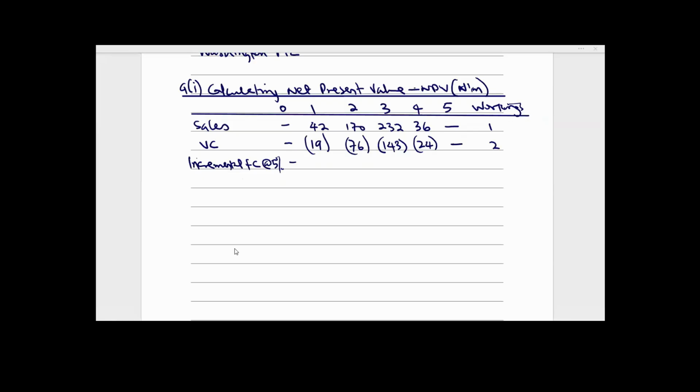So 10 multiplied by 1.05, because inflation rate for fixed cost is 5%, will give us 10.5. If we round it to whole number, that's 11. Whatever you have in your calculator, multiply by 1.05. That will give us 11.025. Again, you round it, that's 11.